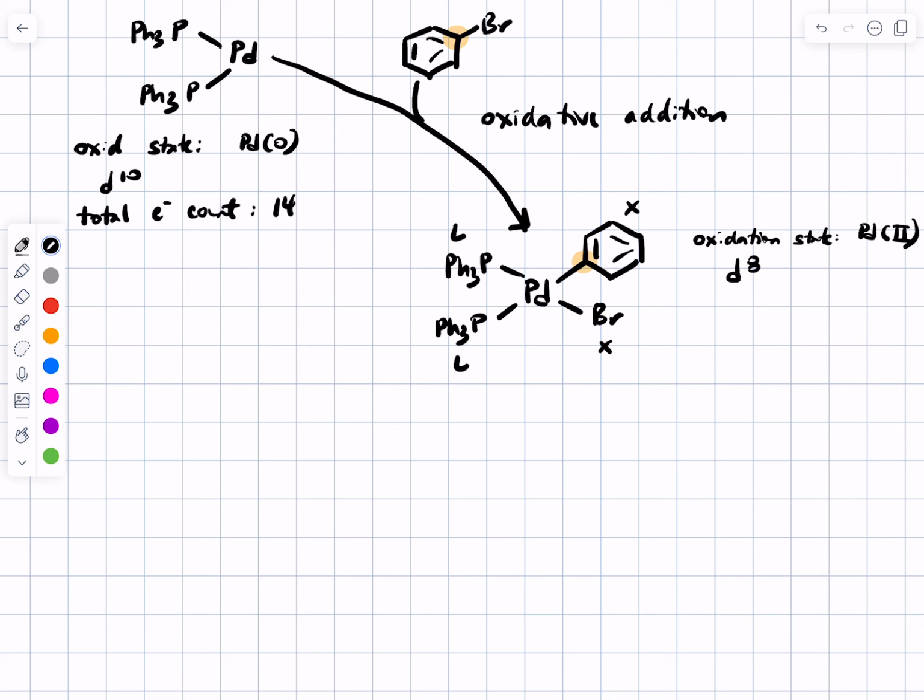There are only 8 d electrons. Palladium normally has 10 valence electrons. Its oxidation state is +2. Therefore, there must be only 8 d electrons. The total electron count of the metal is those 8 d electrons plus 2, 4, 6, 8 from the ligands. So a count of 16.